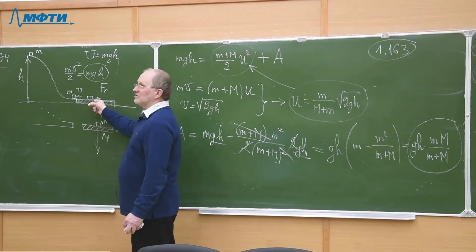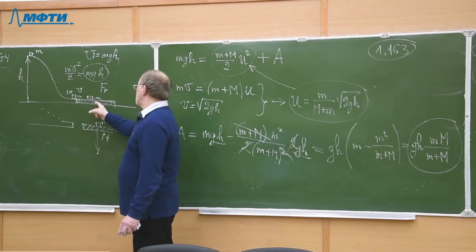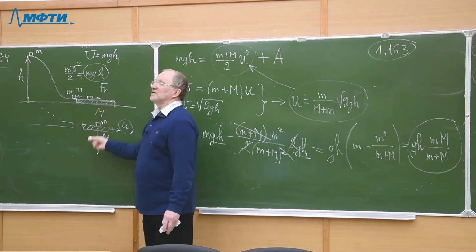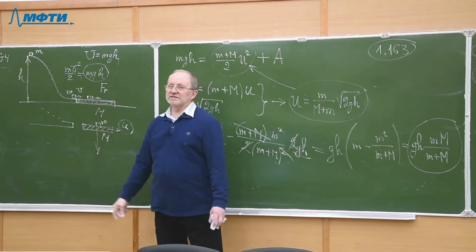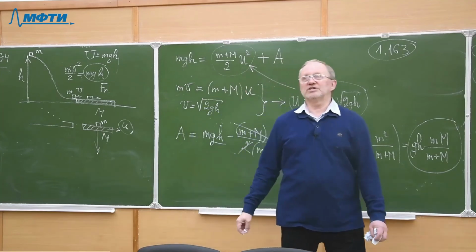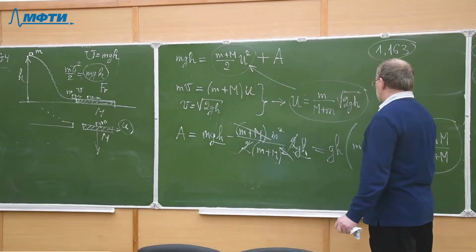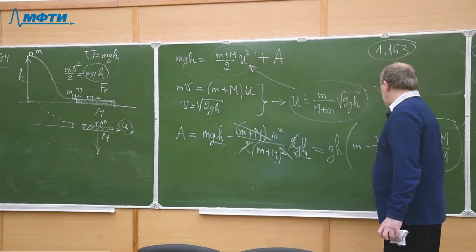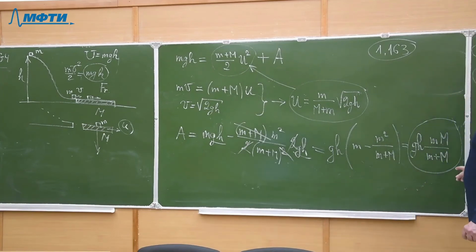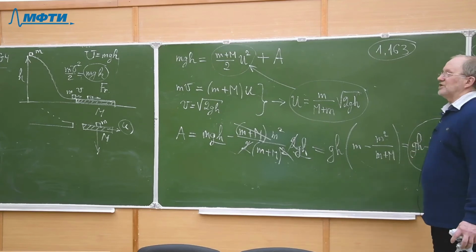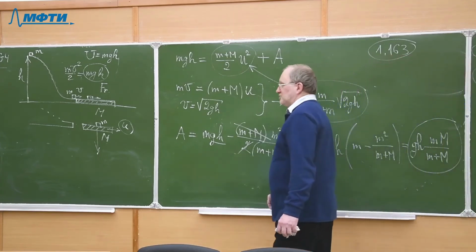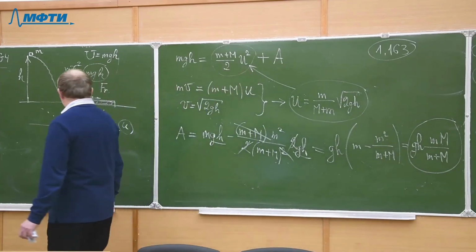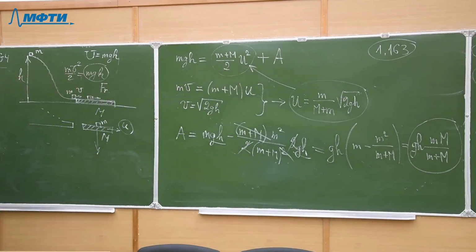It will remain in place at rest, so that all the energy will be transformed into internal energy. All the initial potential energy will go to increase the temperature. And that's what we obtain here, that if capital M goes to infinity, then this formula will give you mgh. That's quite natural, that's reasonable. So this formula works. It seems to be correct.